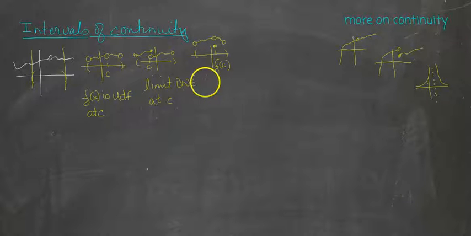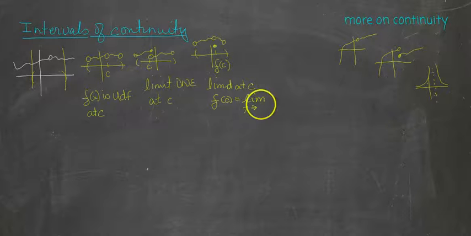In this case, we'd be able to say that the function is discontinuous on the open interval, that it has a limit at c, but f of c does not equal the limit as x values approach c.